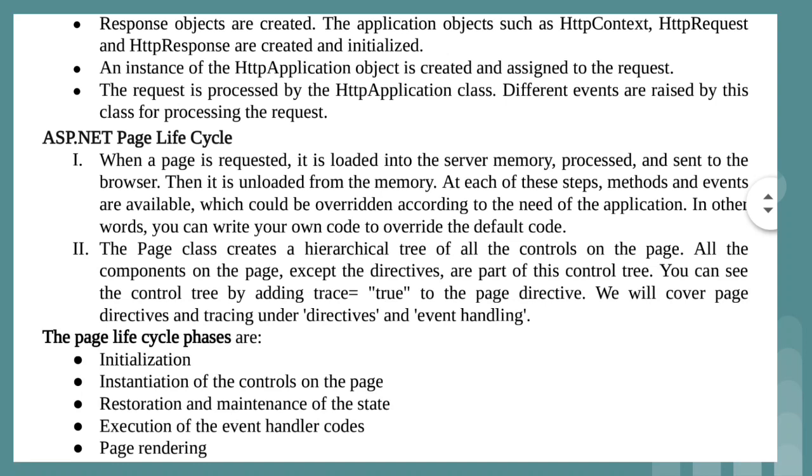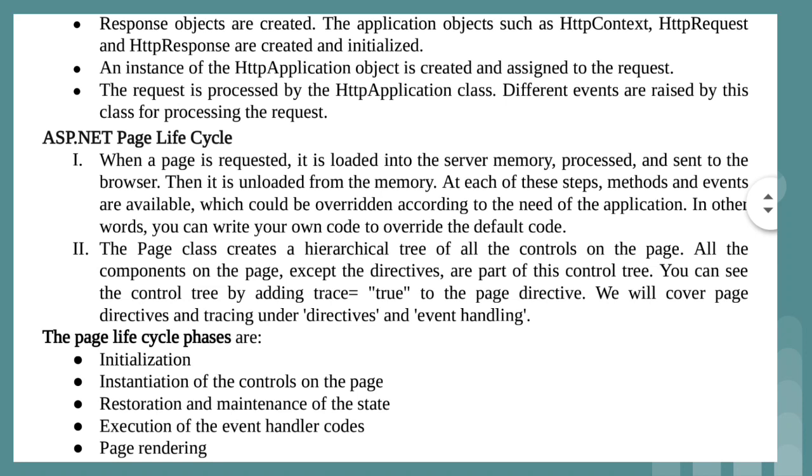Simple. The page class creates a hierarchical tree of all controls on the page. All the components on the page except the directives are part of this control tree. You can see the control tree by adding trace equal to true to the page directive. Basically, when the page life cycle starts, at first one hierarchical tree is created.